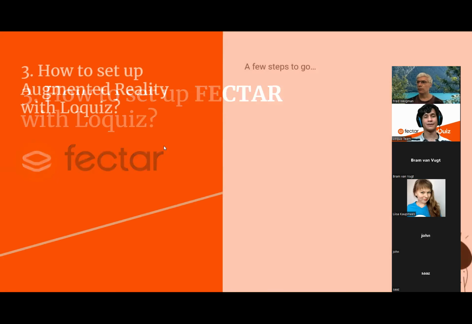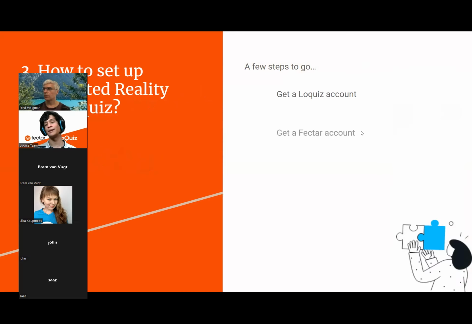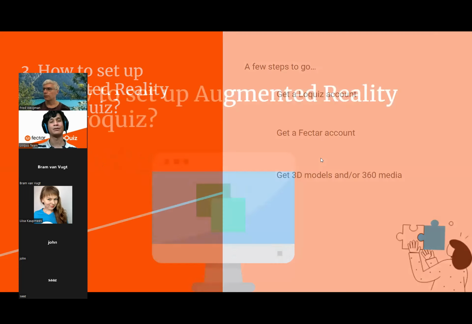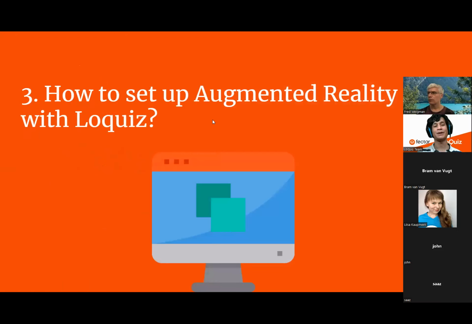We have a few steps to go if you want to make it possible. The first step is, of course, to have a Loquiz account. Then you need a Fectar account. And you need the 3D models and/or 360 media, and I will show you each of the steps. So to show you the steps, I will keep sharing my screen.